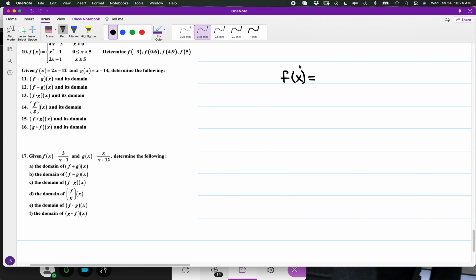Okay, so you have f of x is equal to 2x minus 12. And g of x, okay, we have is equal to x plus 14. Okay, so for the first three parts, I'm just going to mention, okay, so again, the sum, difference, and product functions, those are going to have the same domain.